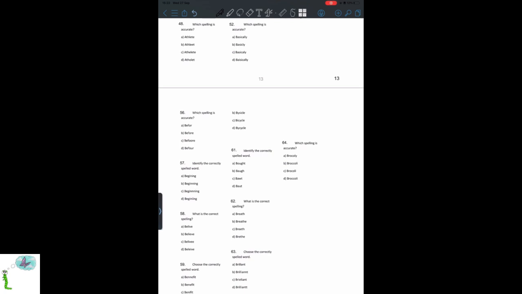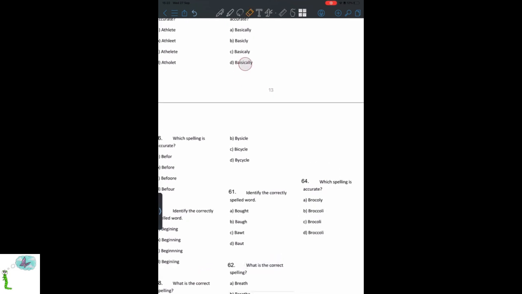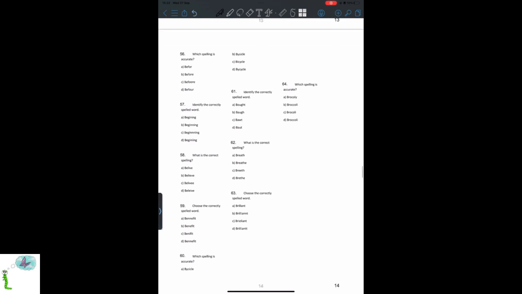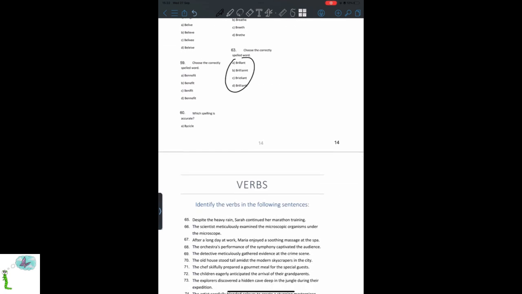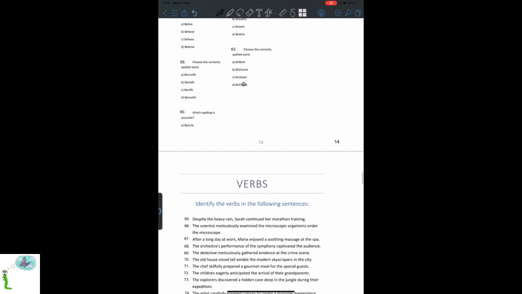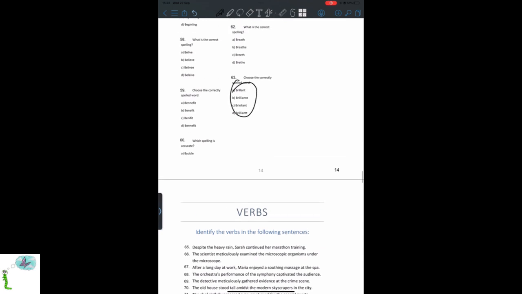Try and use them more in your sentences when you speak, right? Or when you write, because the spelling you're getting wrong is writing, not speaking. So try and write more with the ones you're getting wrong. If you got brilliant wrong, whenever you're writing sentences in the start of next lesson during the vocab, try and use brilliant and try and spell it right.